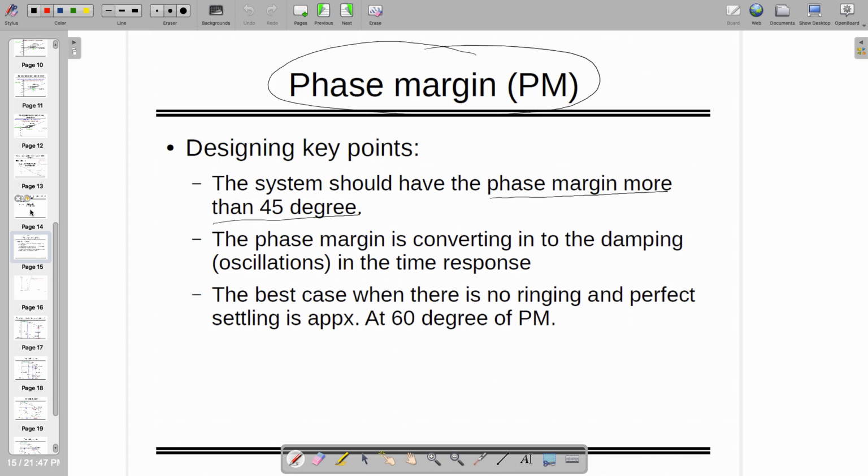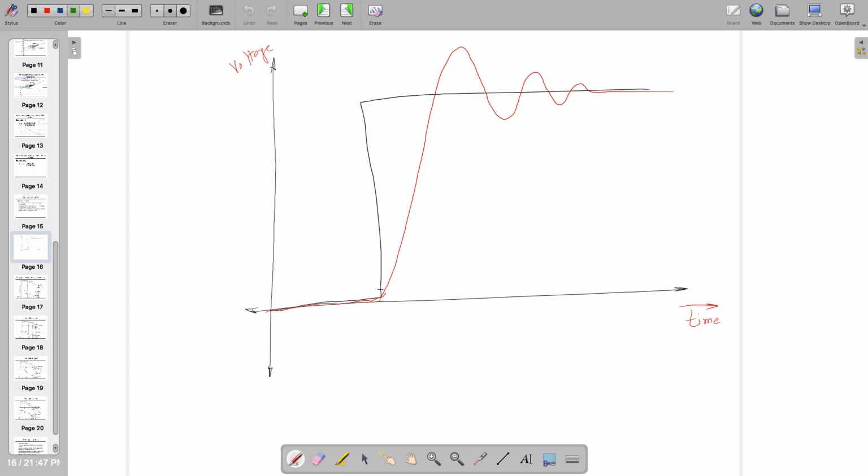Notably, at 60 degree phase margin, it's a system where there is no ring.